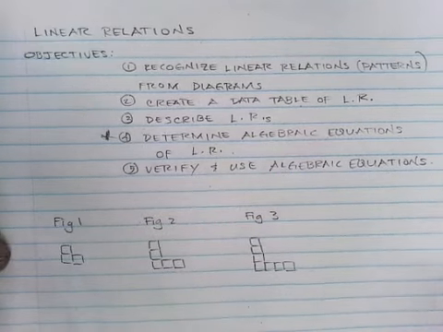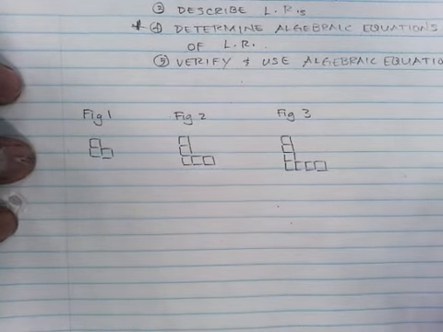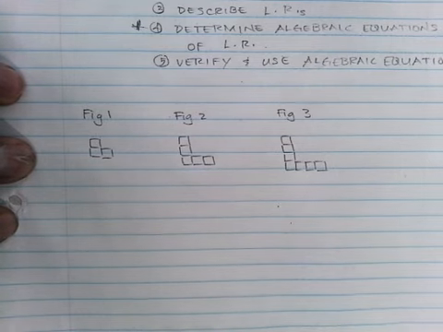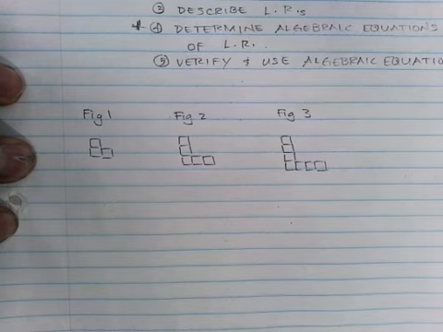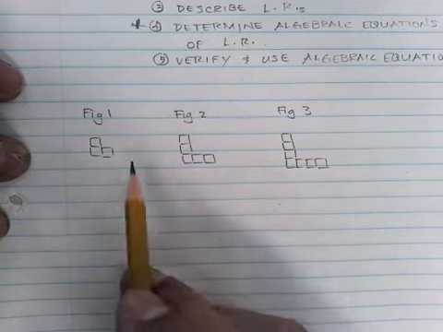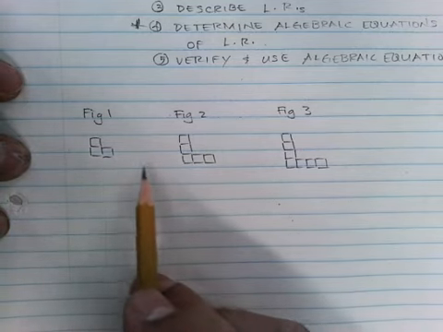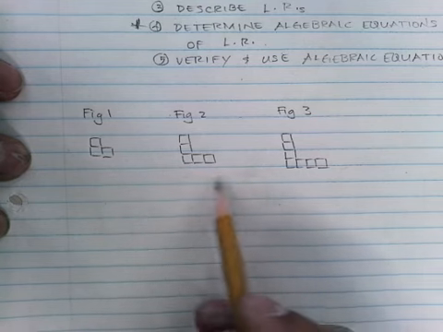Okay, so let's begin with an example. Here I drew an example of what might be a linear pattern, and I guess the first question is, how do you know this is a linear pattern if it is? Well, in class, a linear pattern is one that has a constant change.